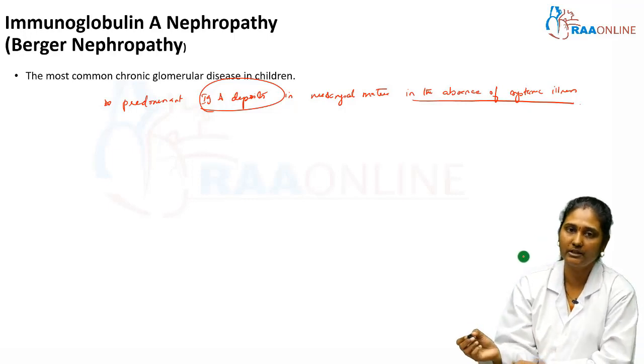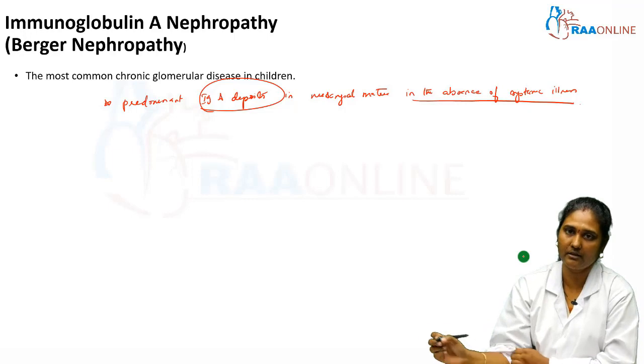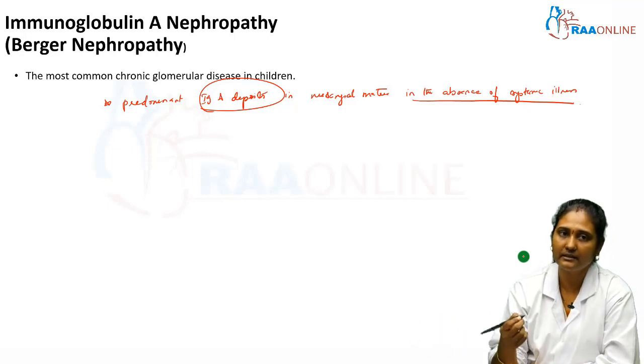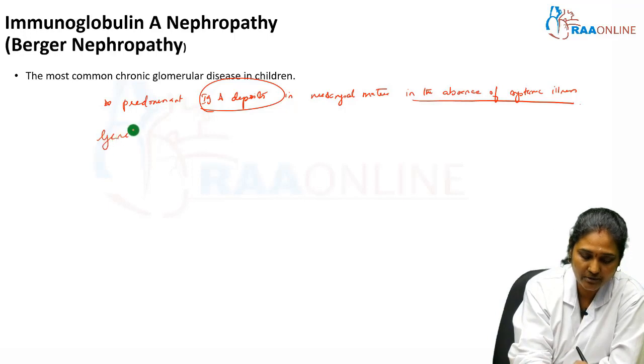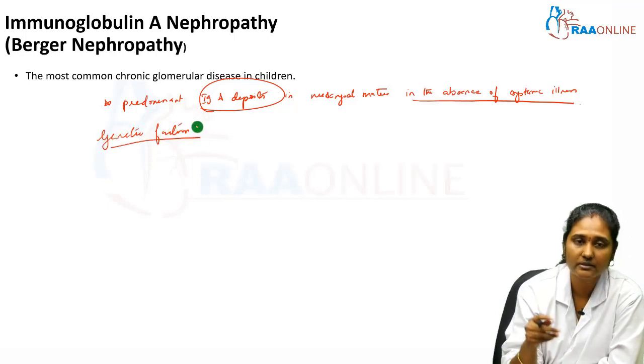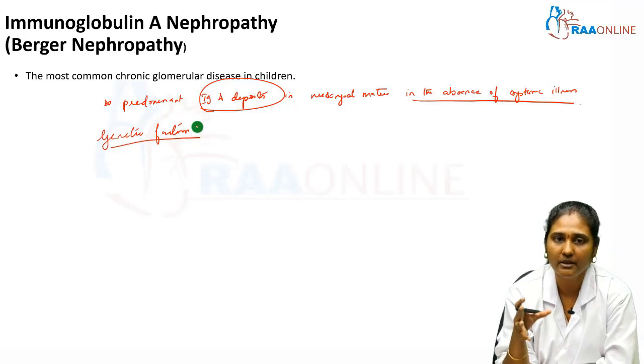Coming to the etiology, it is attributed to genetic predisposition. Generally in IgA nephropathy, you can see clusters of cases occurring in a family.